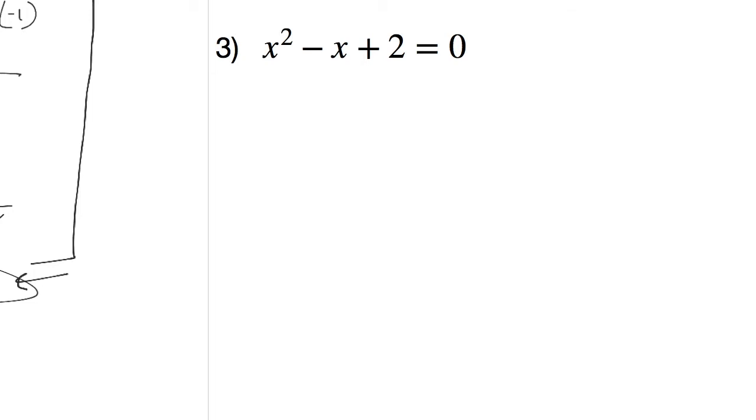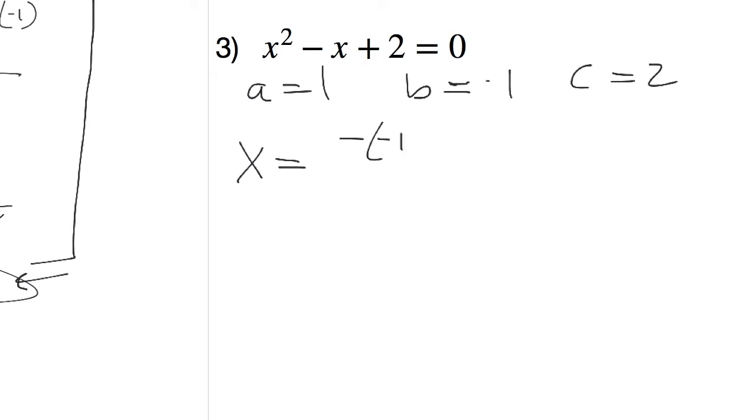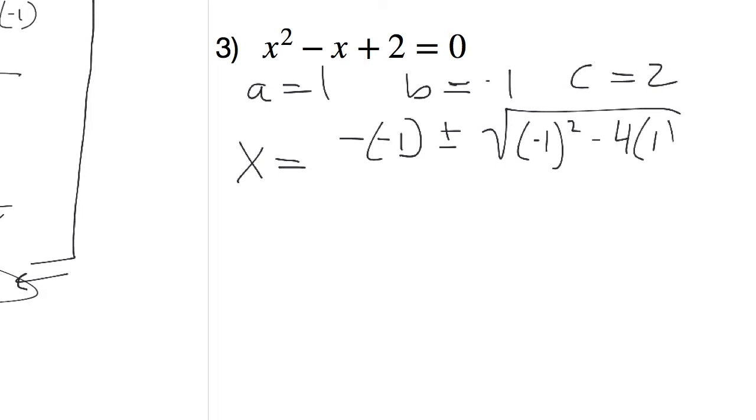Here, let's figure out what the a, b, and c values are. a is equal to 1, b is equal to negative 1, and c is equal to positive 2. x equals negative b plus or minus the square root of b squared minus 4ac, all over 2a.